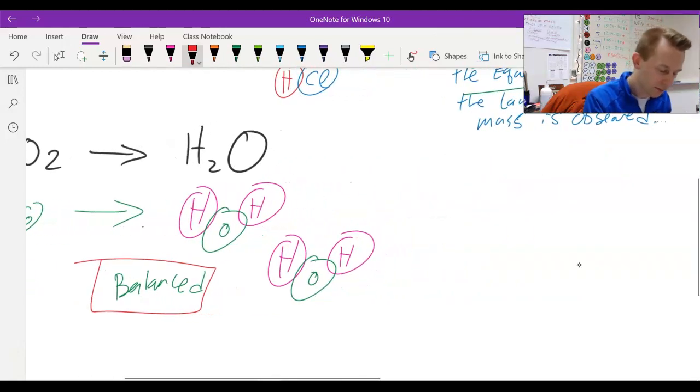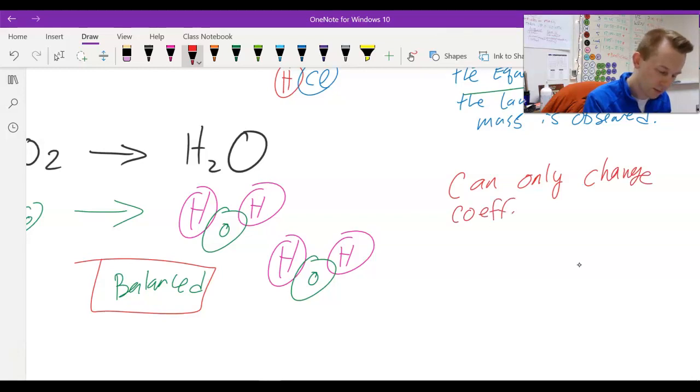You can only change coefficients to balance.